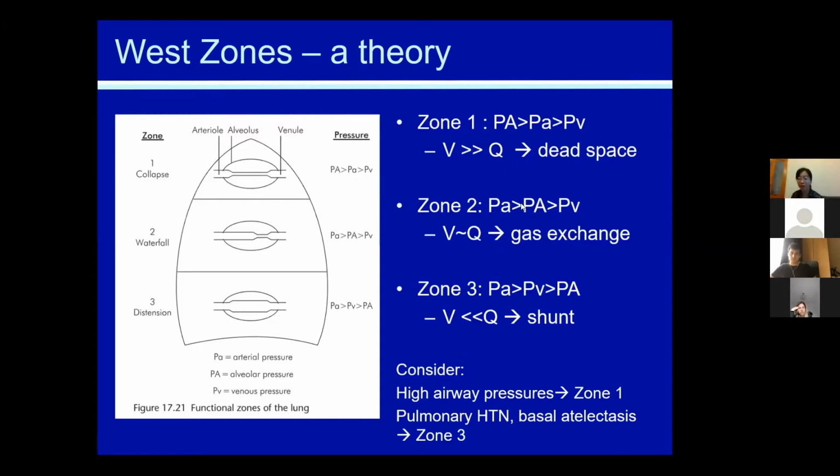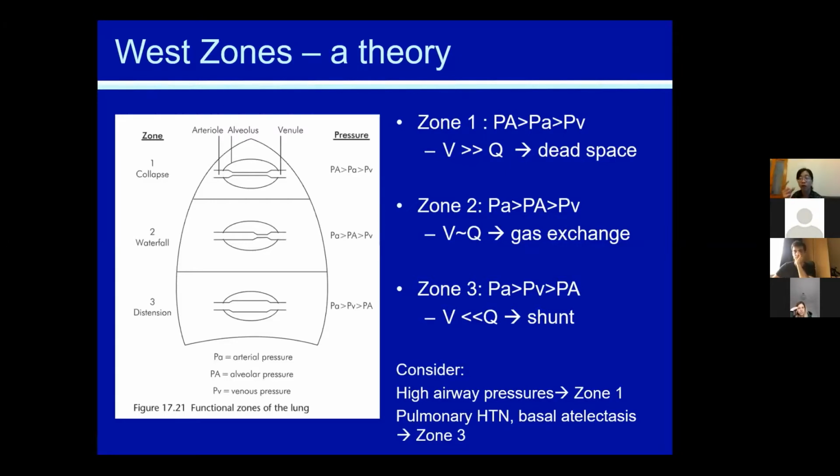In reality, in your spontaneously breathing upright person, most of your lung should ideally be in zone 2, because otherwise we'd be hypoxic all the time. However, like I said, why is this important? Consider if you have high airway pressure, so if you start giving someone positive ventilation, especially really high peaks, peaks of 10, peaks of 15, and then you have your peak pressures at 30 as well, what are you doing?